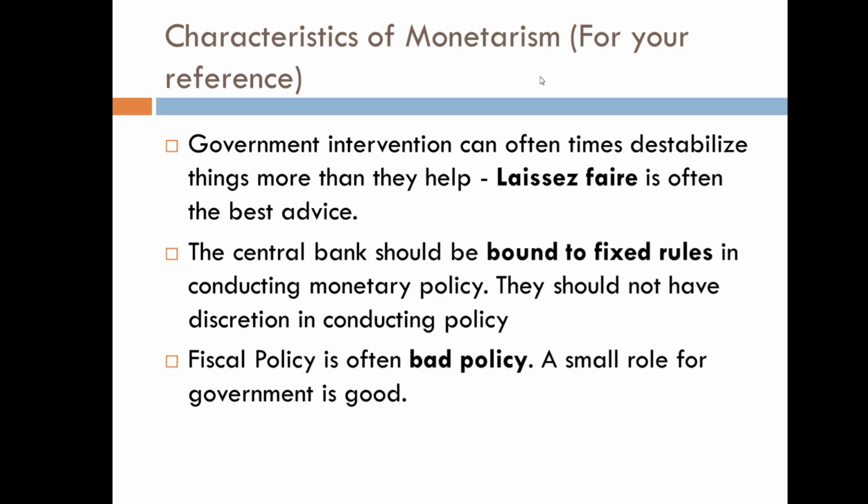They believe that if we, as a government, are able to increase money supply bit by bit, gradually, then we will be able to achieve stable economic growth, or what we call optimal economic growth.